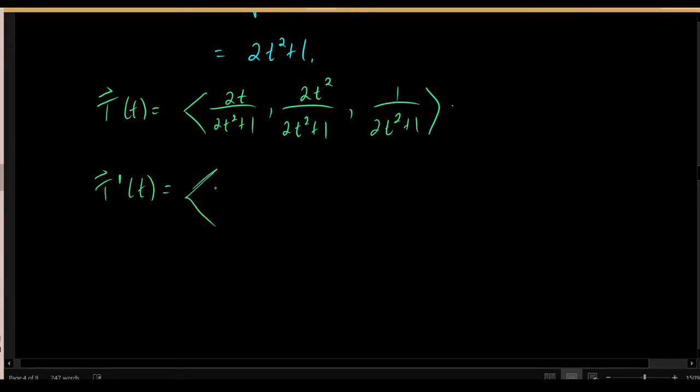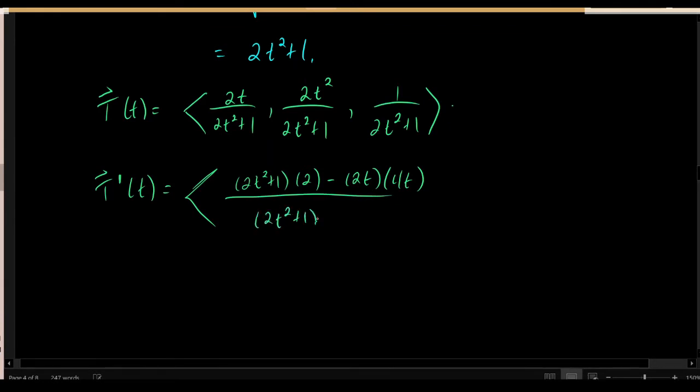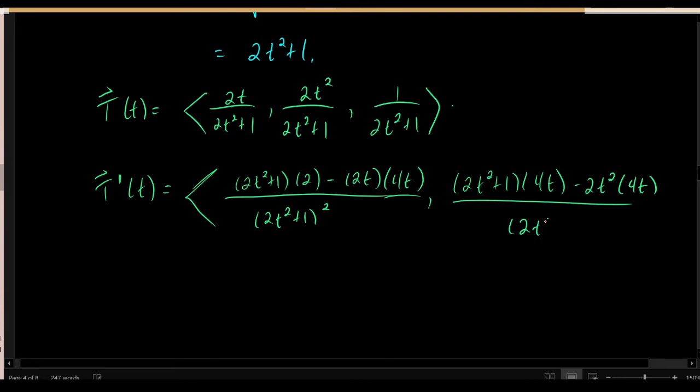So for the x component, for example, we have the denominator, the bottom, times the derivative of the top, minus the top times the derivative of the bottom, all over the bottom squared. Same thing for the y component: the bottom times the derivative of the top minus the top times the derivative of the bottom, all over the bottom squared.